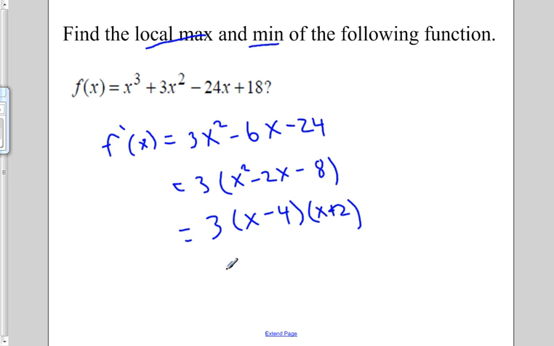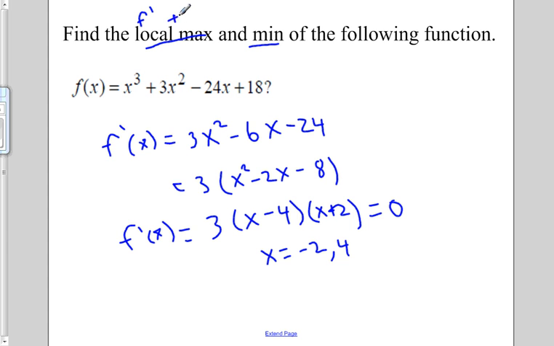And so we want to know for what values of x this will be 0, and we know that's going to happen at x equals -2 and at x equals 4. And that tells us that we're probably going to have a max or a min.